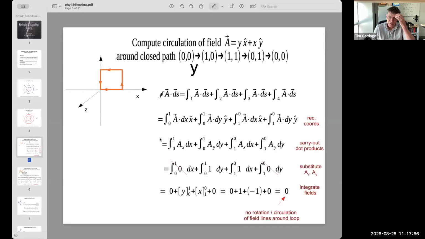Okay, so this slide is on my calculation of the circulation of this field around a specific loop. And I've sketched the loop upstairs here in the top right-hand side.